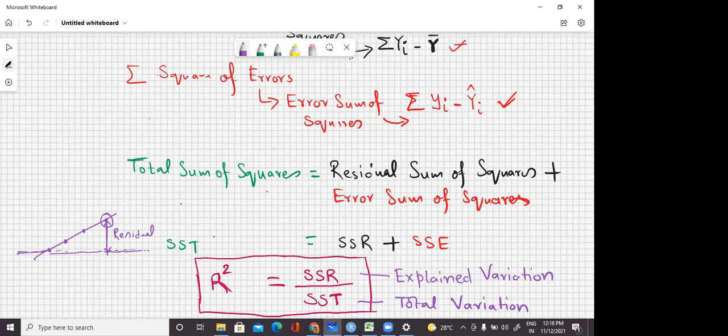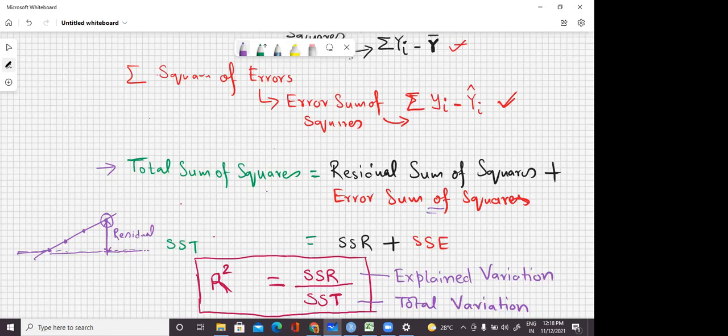Total sum of squares is equal to residual sum of squares plus error sum of squares. In a situation where the error sum of squares is 0, total sum of squares is equal to residual sum of squares. That is the numerator.